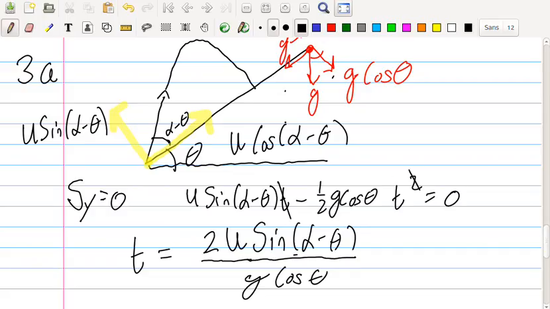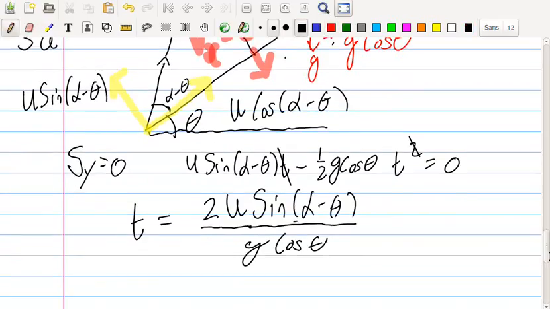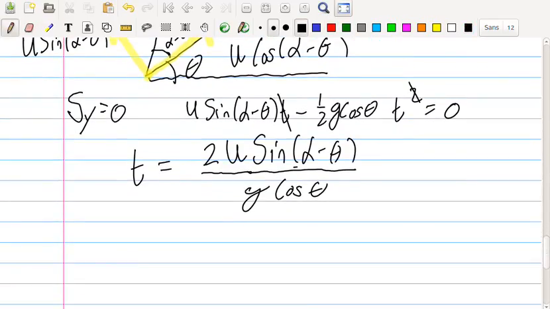Now, what's special here is when it hits a plane at right angles, that actually translates into saying that Vx equals 0. So I'm going to see what that equation makes now. So Vx equals 0, so V, which is 0, equals u cos alpha minus theta, because it's the x one now.